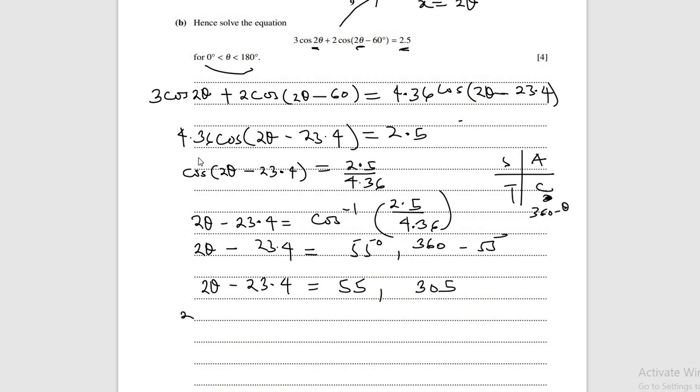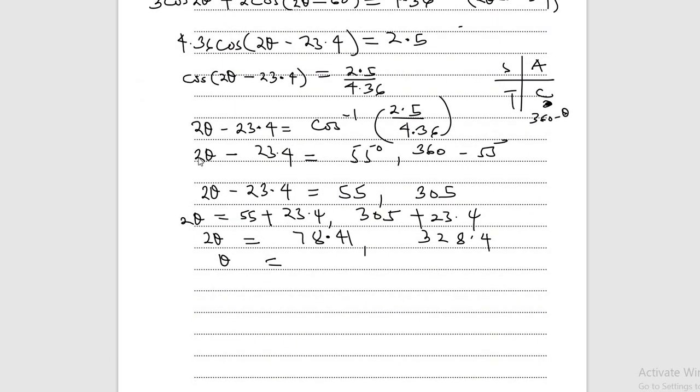Hence 2 theta will be 55 plus 23.4, and also 305 plus 23.4 when it goes to the other side. So 2 theta is 55 plus 23.4, that's 78.4, and 305 plus 23.4, that's 328.4.